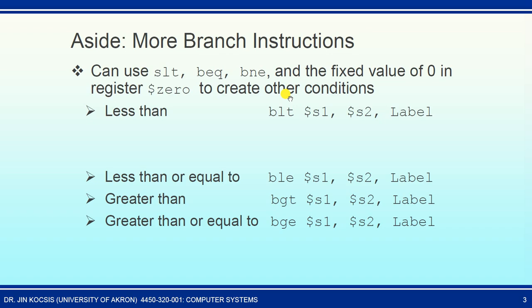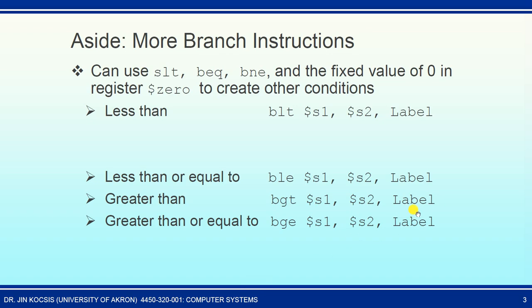The assembler can still understand those instructions, although they are not included in the official instruction set. Therefore, we call them pseudo instructions. You can still write a pseudo instruction, and the assembler will automatically convert it into a set of official instructions.